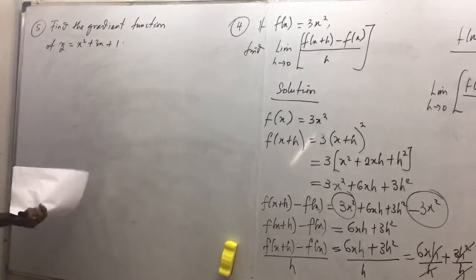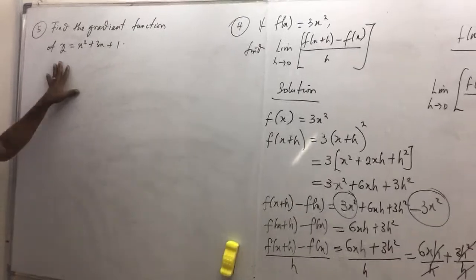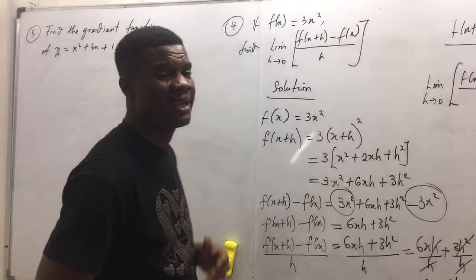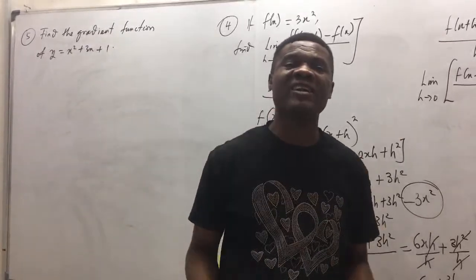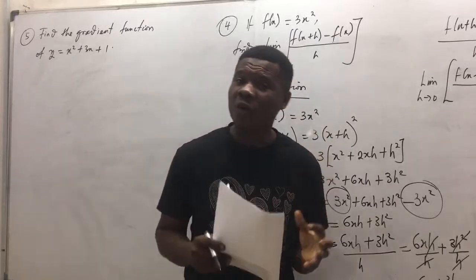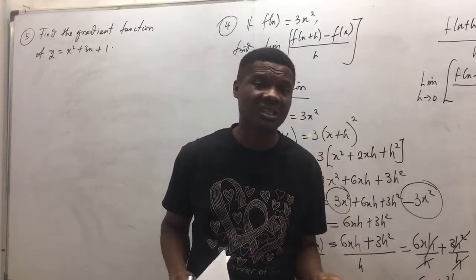Question number 5 says find the gradient function. Take note, the gradient function, guys, is not the same as the derivative of the function. And so many students are unaware of what the gradient function is.